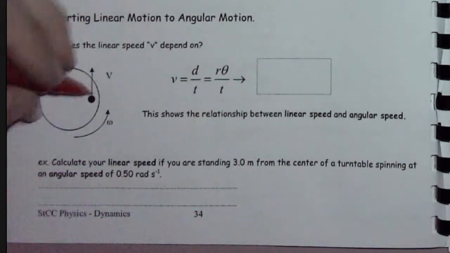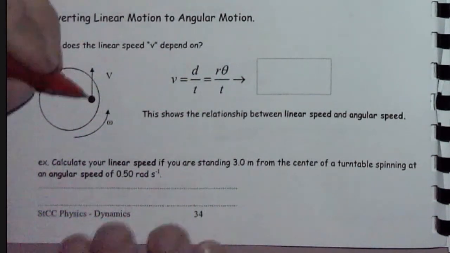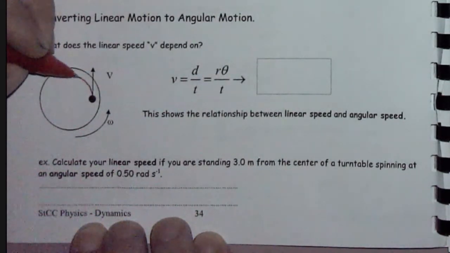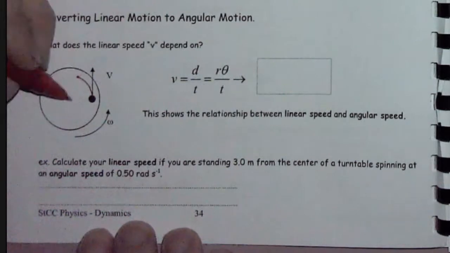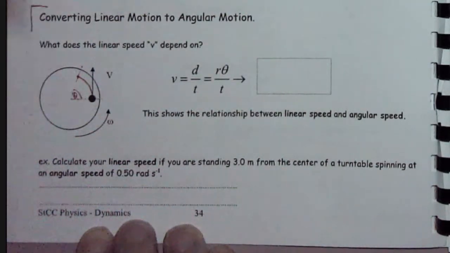So if we think about this point, this black dot here, on some rotating wheel or disk, then its speed is the distance that it travels per unit time. If we look at it moving from here to here, and that angle is theta, the distance this point has moved through is the arc length.